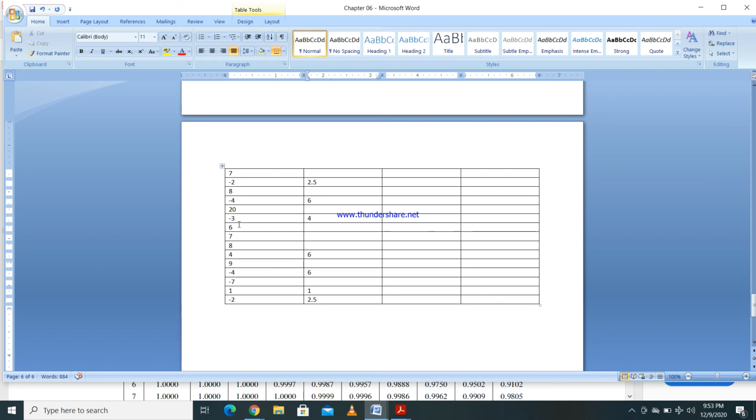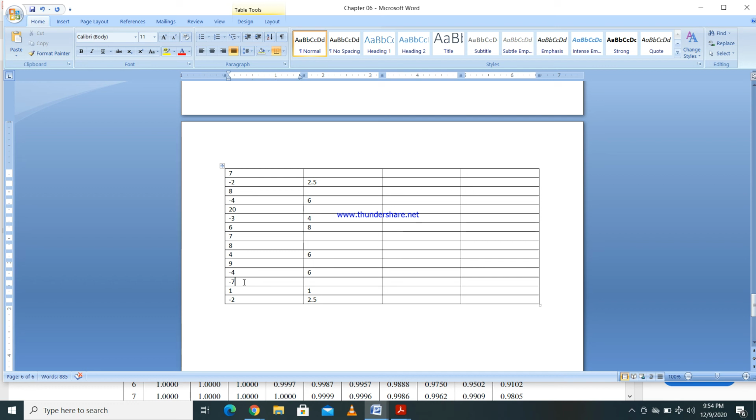So let's see whether we have 5, we have no 5, and whether we have 6, we have only one 6. Since we have used up to 7, this will be 8. And then we have 7's, three 7's. So for 7 we can give 9, 10 and 11.